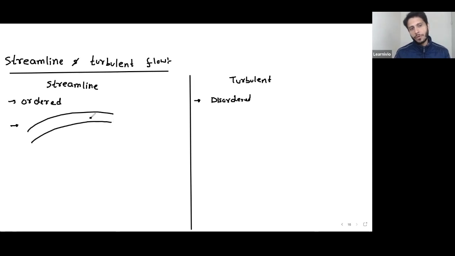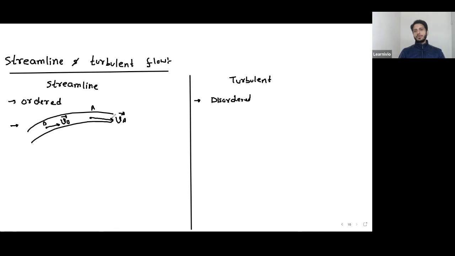Say, from a point A, a liquid molecule travels and its velocity is this. This is another molecule at point B. When it passes through B, its velocity is VB. So I'm considering just 2 points, A and B. Infinite number of molecules will pass through point A, and if the flow is streamlined, then each molecule will have the same velocity VA.